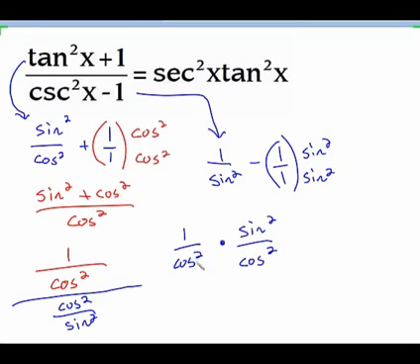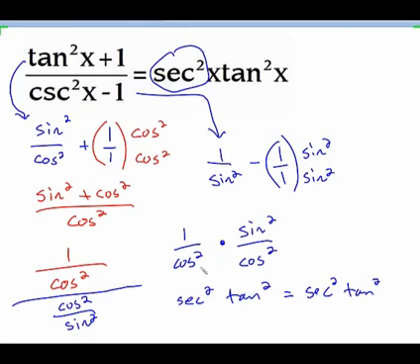So 1 over cosine squared, alright, that's secant squared, which is what we're trying to prove right here. Times sine squared over cosine squared is tangent squared, right? So we've proven secant squared times tangent squared. Right? So we've got what we were trying to prove.